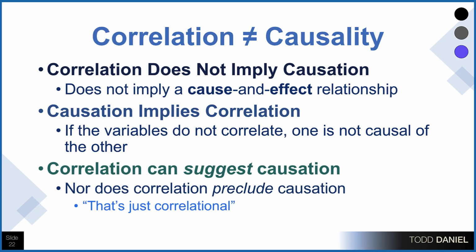What happens with correlation is that although it doesn't imply causation, correlation can suggest causation. You see, the presence of a correlation does not preclude causation. And if someone tries to dismiss unwanted correlational data by saying correlation does not imply causation, while that is technically true, correlation will sometimes stand in the corner and say, look over there, and point to something that is causational.